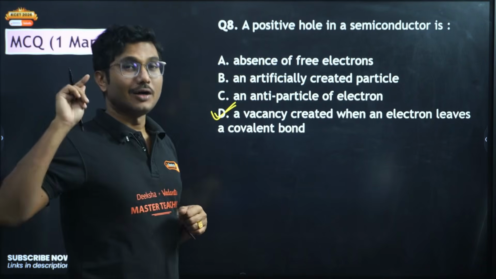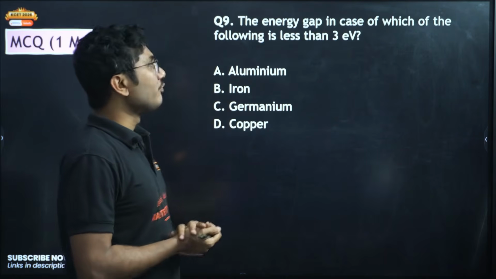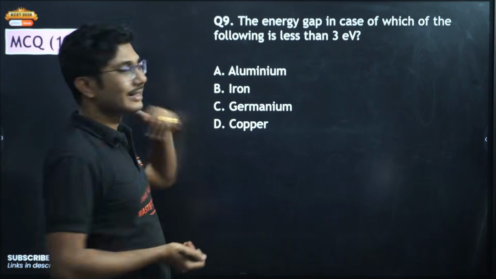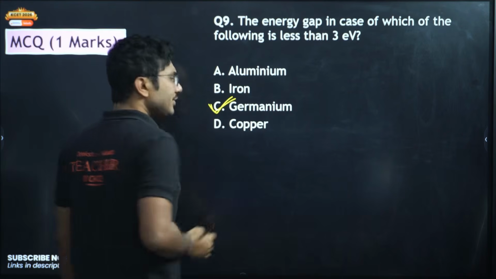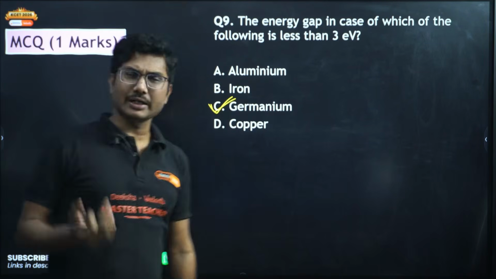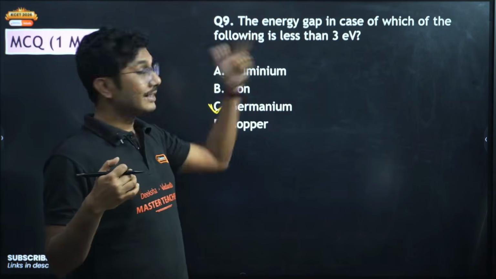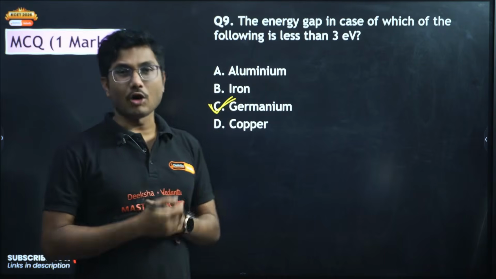Next, the energy gap in case of which of the following is less than 3 electron volt, greater than 0, less than 3 electron volt? It is basically germanium. Germanium is a semiconductor. So semiconductors have an energy gap less than 3 electron volt. Aluminium, iron and copper are all conductors.